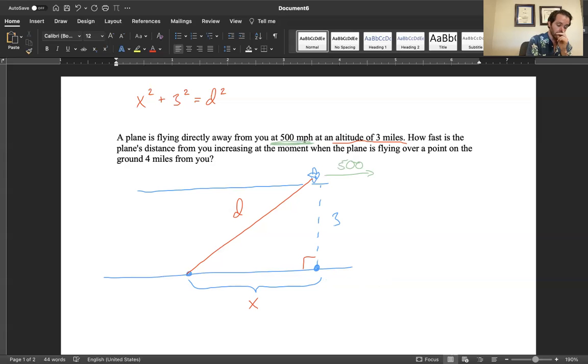So really this is a statement that dx/dt is equal to 500. It's 500 positive, not negative, because the distance between you and the point under the plane is increasing, not decreasing. This is what you might call ground speed if you were doing a physics problem. How fast is it moving relative to something on the ground?